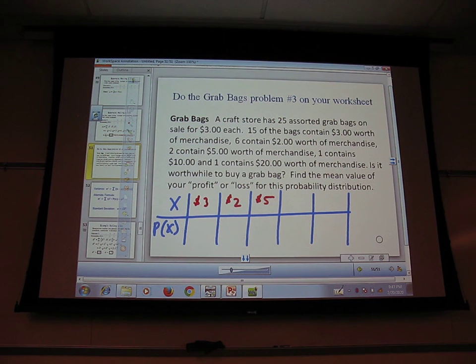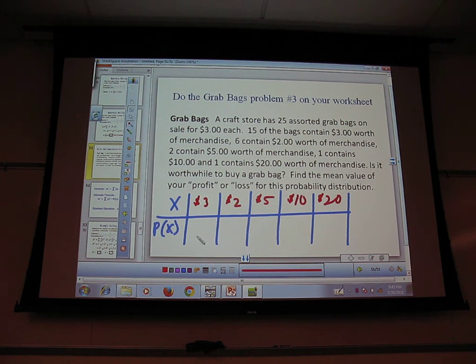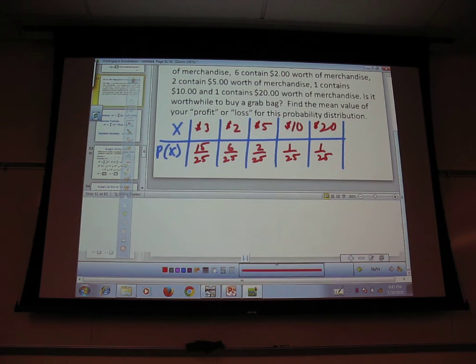All right, so here are all your possibilities here, right? $10, $20. So what's the probability that I get a $3 bag? 15 out of 25. $2 bag? 6 out of 25. $5? And the last two, 1 out of 25. So then you're going to do your weighted average, right?